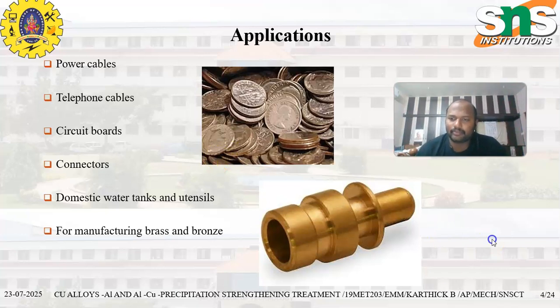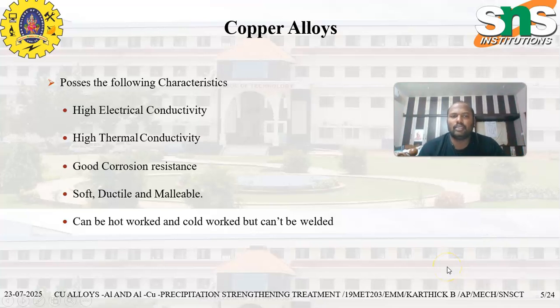These copper alloys also possess characteristics like high electrical conductivity, thermal conductivity, and corrosion resistance, and it is soft, ductile, and malleable. This means copper can be made into a copper plate or sheet, and it can be used as copper wire.